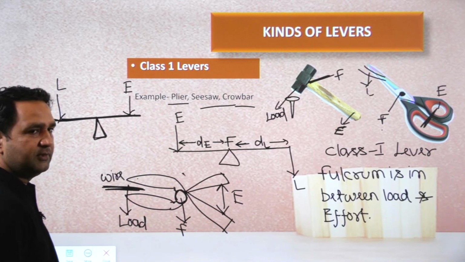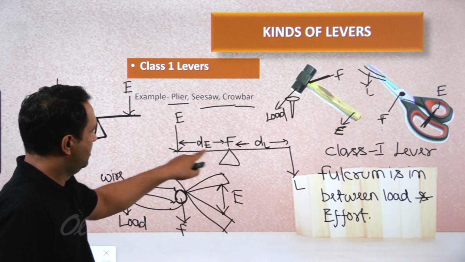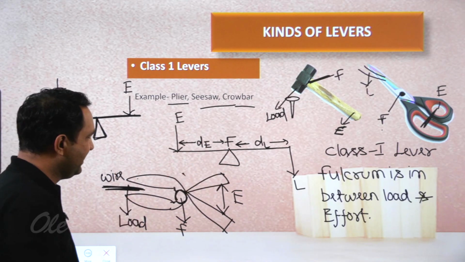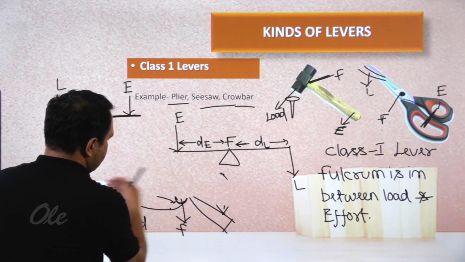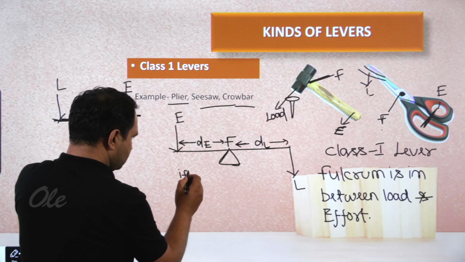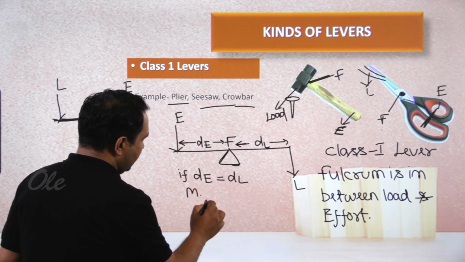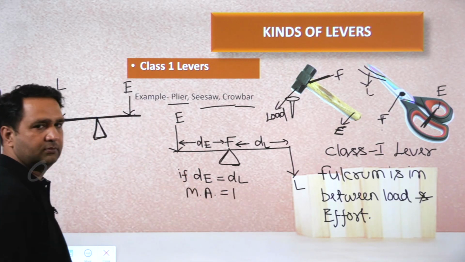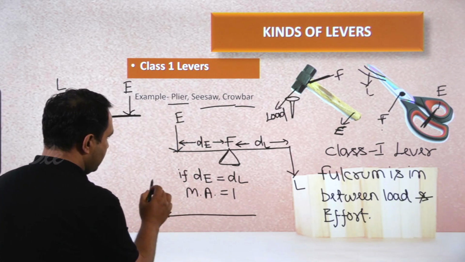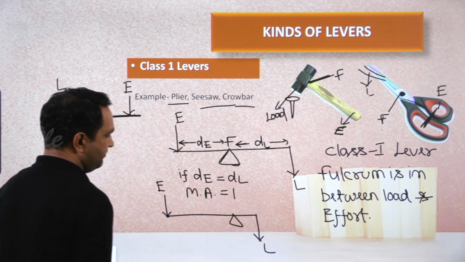In a class 1 lever, all three possibilities exist. If the fulcrum is just in between load and effort, meaning dE is equal to dL, then the mechanical advantage will be 1. Think about another case. This is effort, this is load, and the fulcrum is somewhere here.